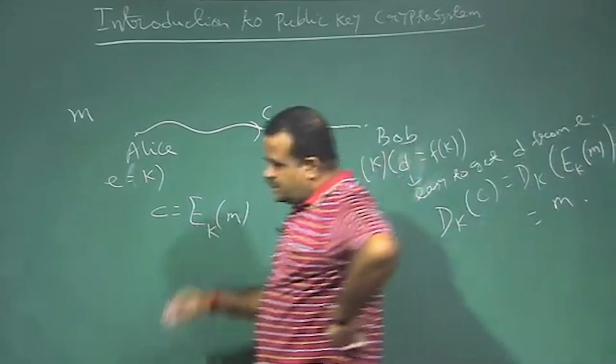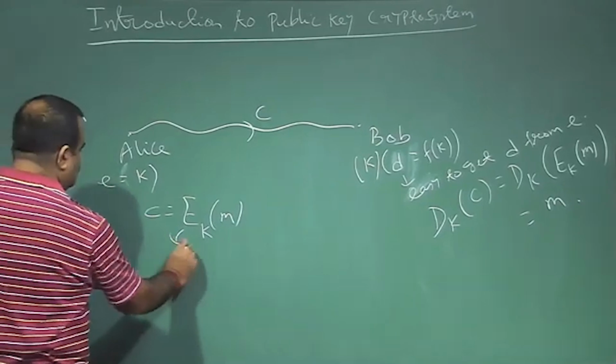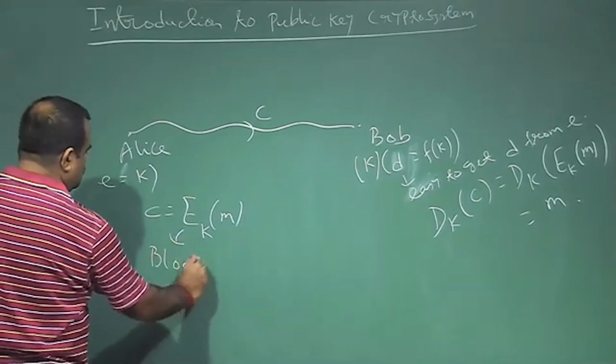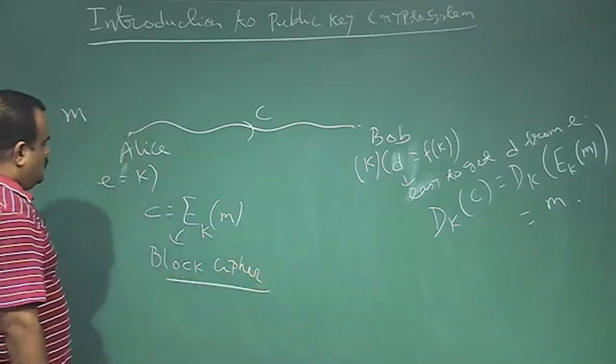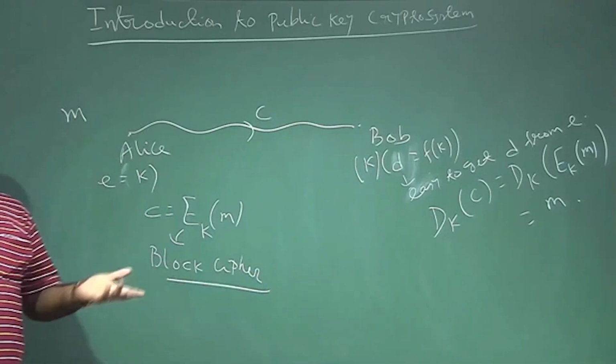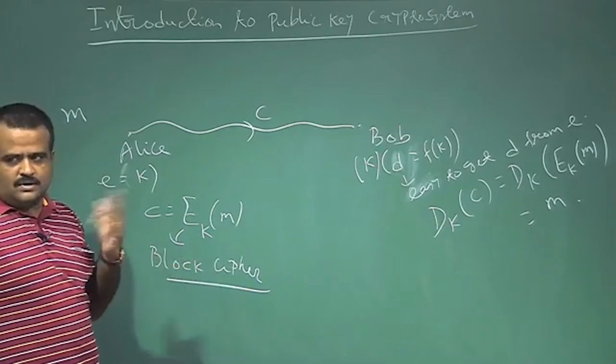So the encryption we have seen so far may be a block cipher. Block cipher means it could be AES, DES, SPN, RC6, any block cipher we can use.